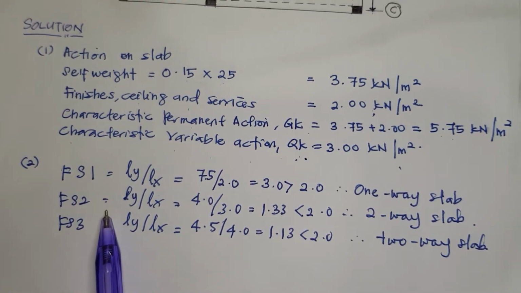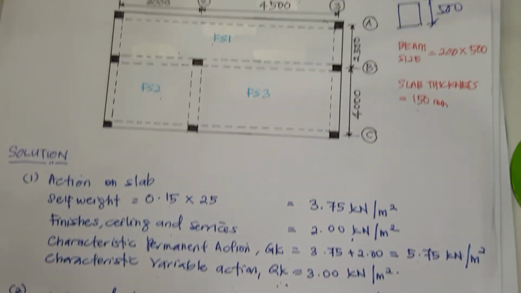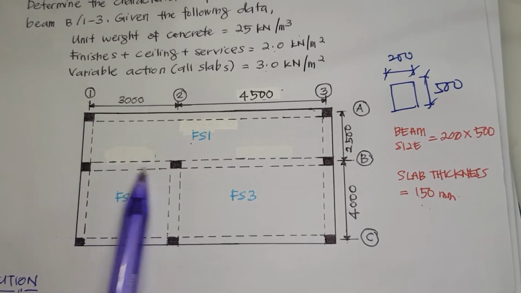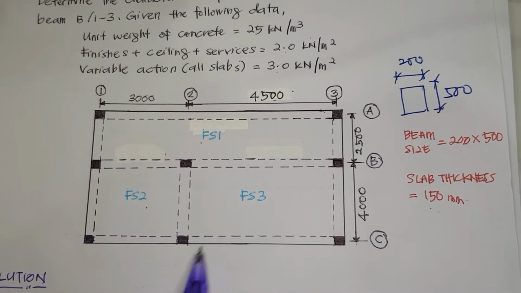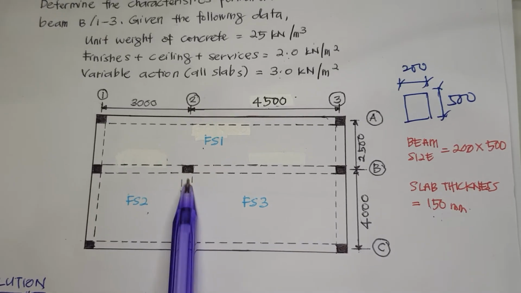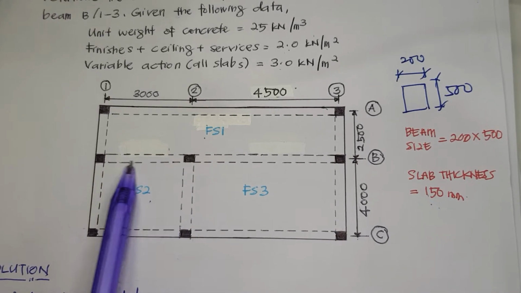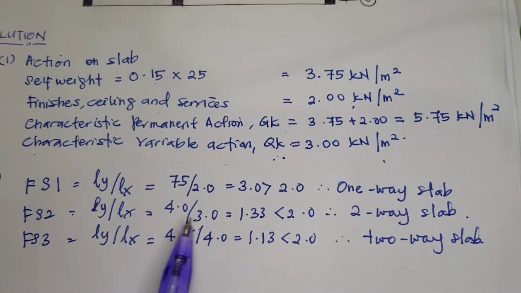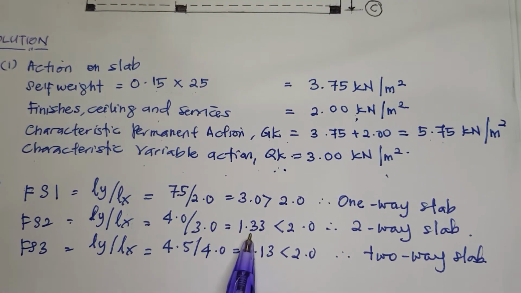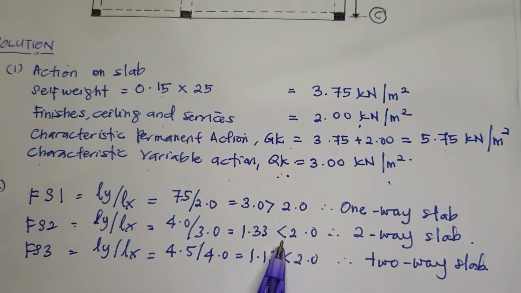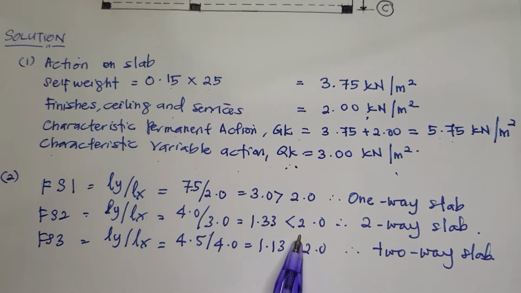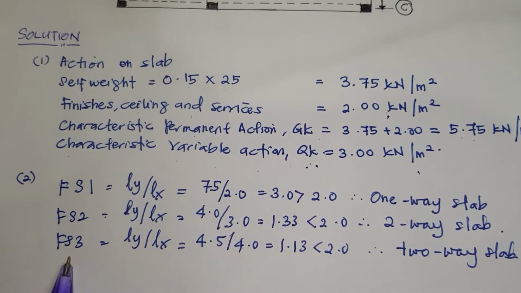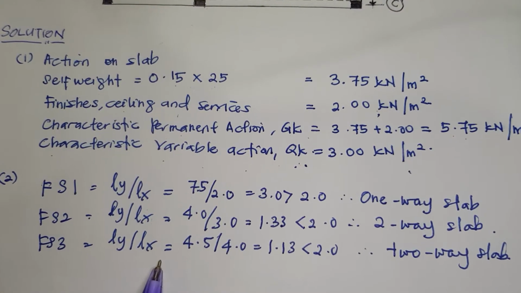Meanwhile, for slab number 2, Ly divided by Lx. So this is slab number 2. 3 meter and 4 meter. Here is Ly and here is Lx. 4 divided by 3 is equal to 1.33, less than 2. So this slab is two-way slab. The third slab, Ly divided by Lx.